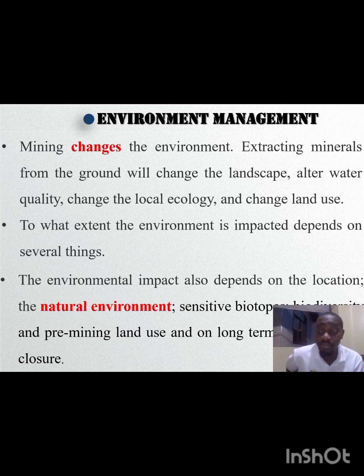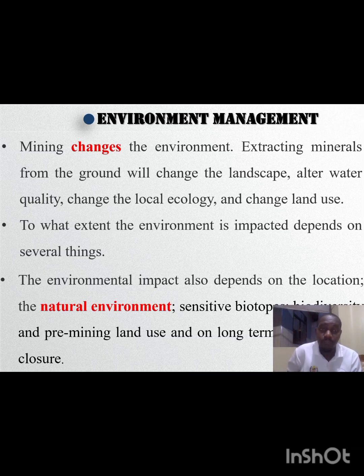We have some plants. Some plants are medicine. You mine there, you take our medicines. Some of us Africans get our medicine that way. Actually, the whole world gets medicine from trees, from plants, in different ways. You can think of how much environmental cost we might incur in different natural environments or locations.